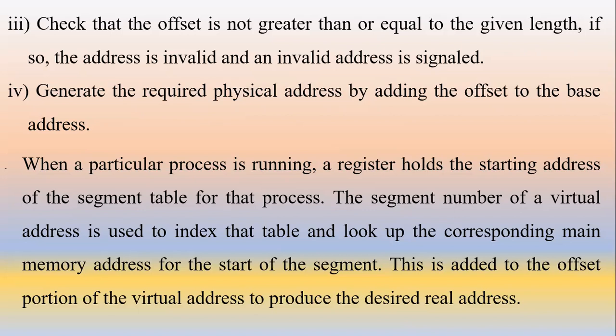The segment number of a virtual address is used to index that table and look up the corresponding main memory address for the start of the segment. This is added to the offset portion of the virtual address to produce the desired real address.